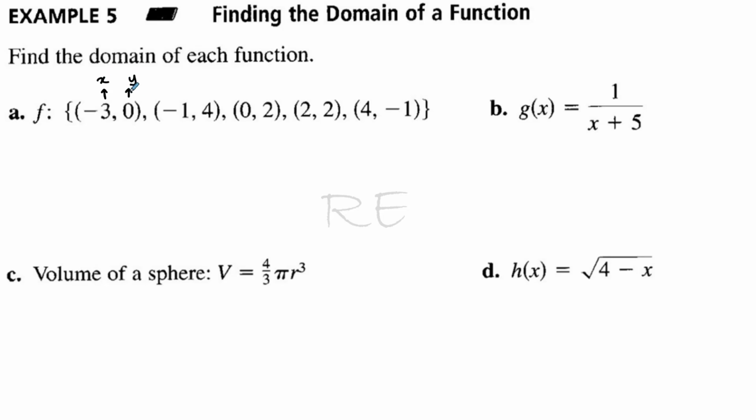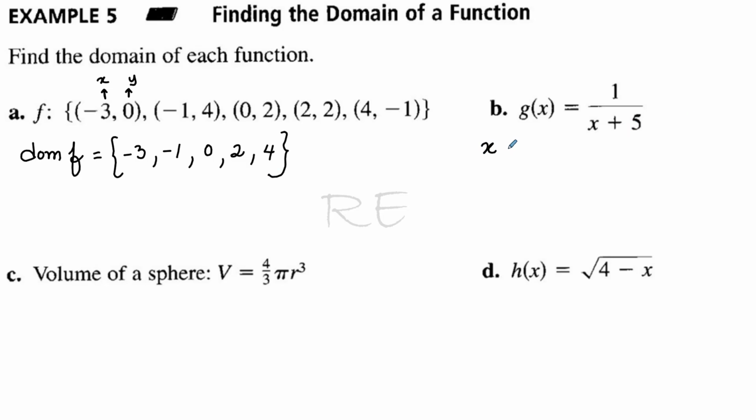We are given a set of ordered pairs in which x represents the inputs. So the domain is 3, -1, 0, 2, 4. The set of the first elements.